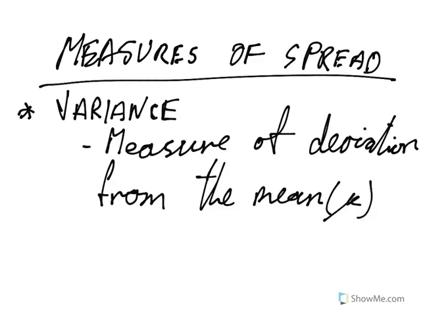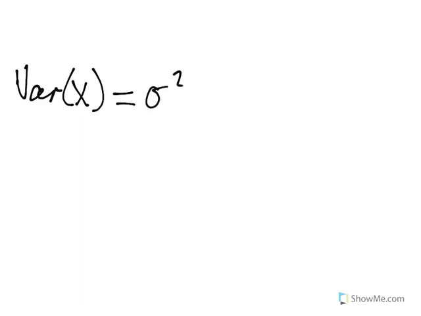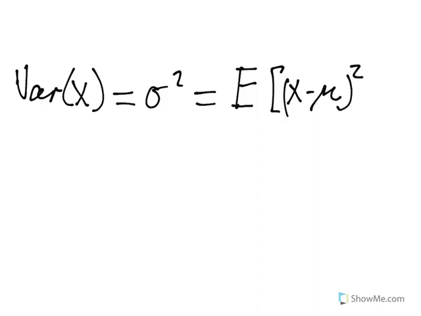Alright, so the way that we calculate the variance, the variance of x, which of course we know is the standard deviation squared, sigma squared, is, as before, the expectation value of x minus the mean squared.